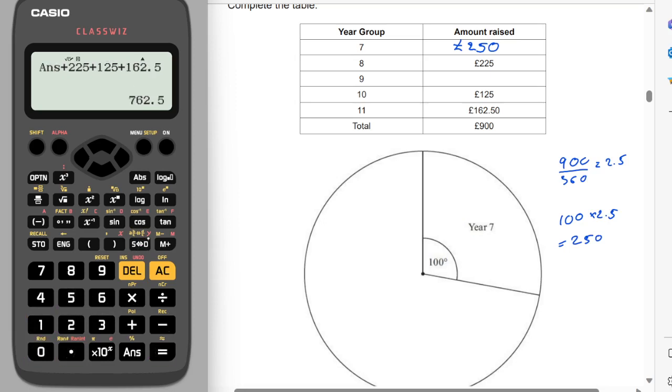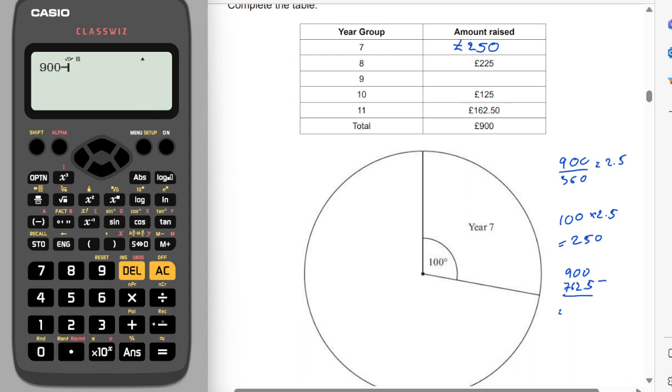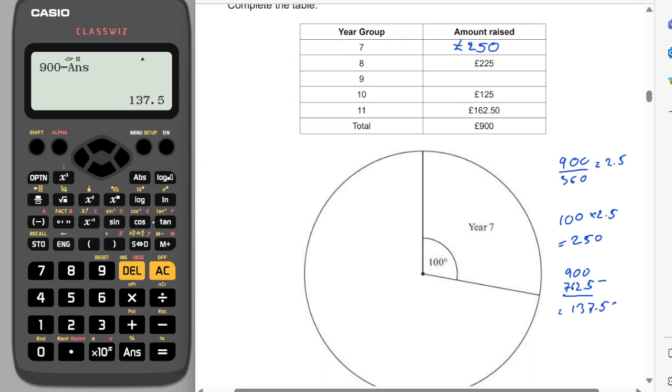So I'm looking at doing 900 minus 762.5. So 900 minus my answer gives us £137.50. So that should be my final figure, 137.50.